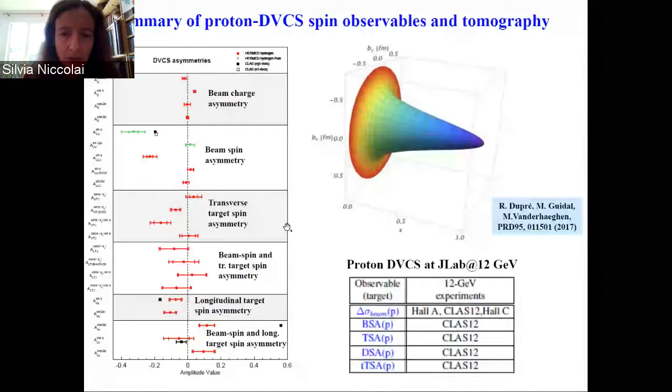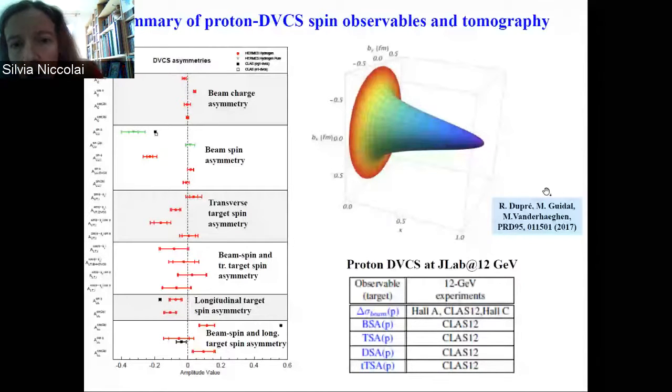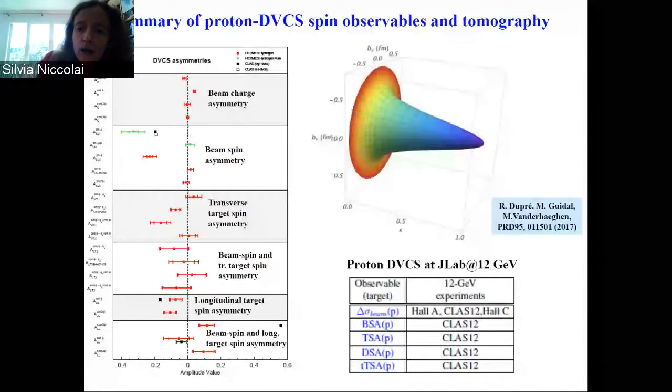So with all this data, a lot of phenomenology has been carried out, and we managed to have a first model-dependent extraction of what we call the tomography of the proton, which is this image here describing the momentum distribution of the partons on the x-axis and their transverse position on the y-axis.